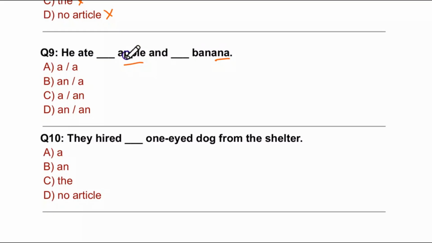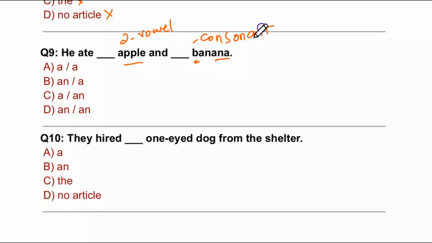The first letter sound is A, so it's a vowel sound. What about banana? Banana begins with B and has a consonant sound.